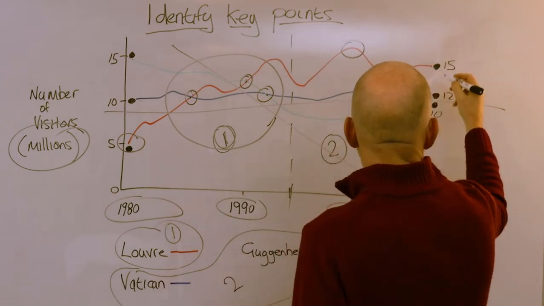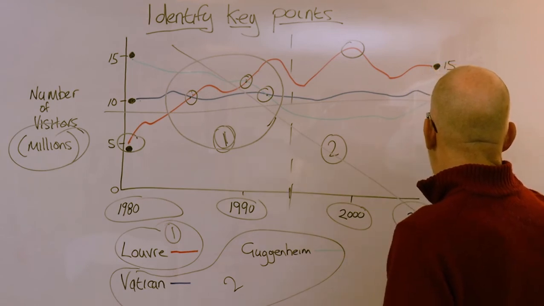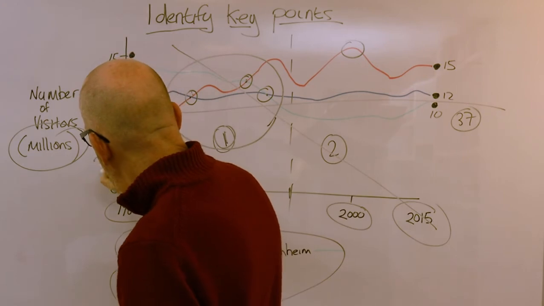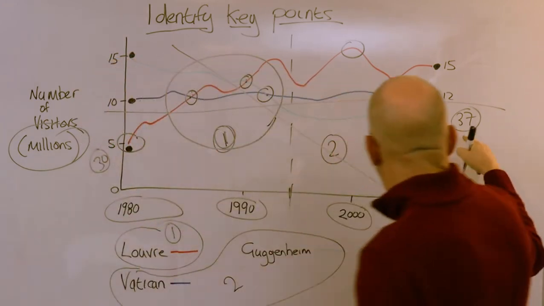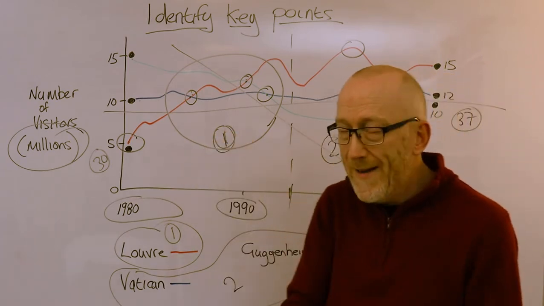So 15 plus 12, 27, 37. So we have 30 going towards 37.